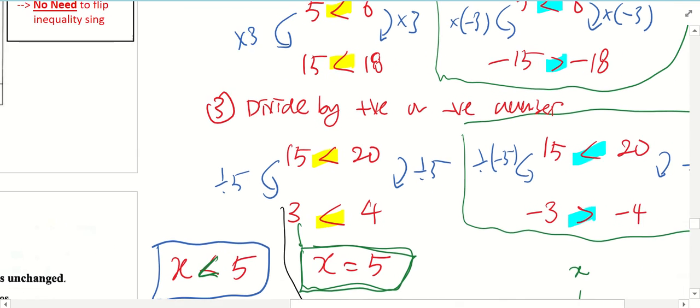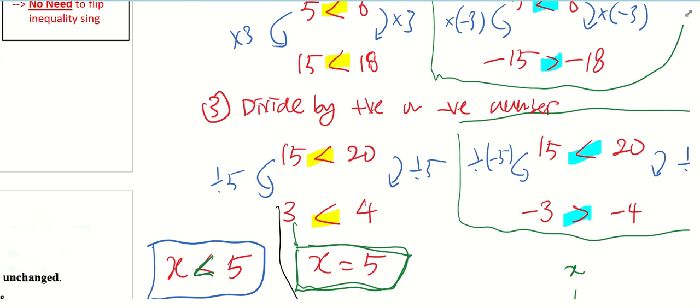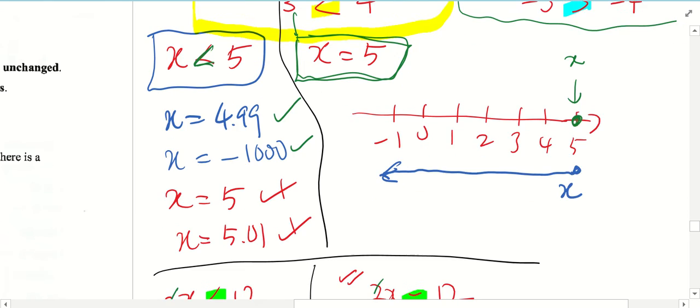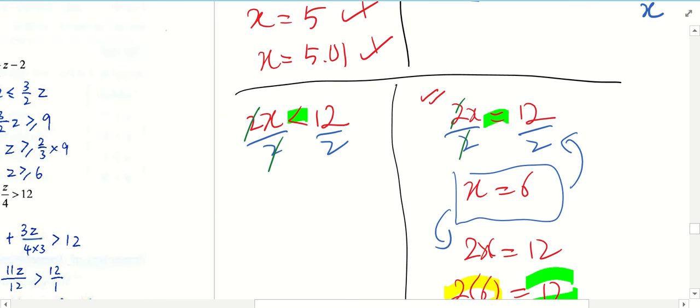Let's go back to the previous example. Over here, you see that we are dividing both sides by a positive number, positive 5. Nothing happens to the inequality sign. So here we are dividing both sides by 2, so there's nothing to be done to the inequality sign. So we have x smaller than 6, and we're done.